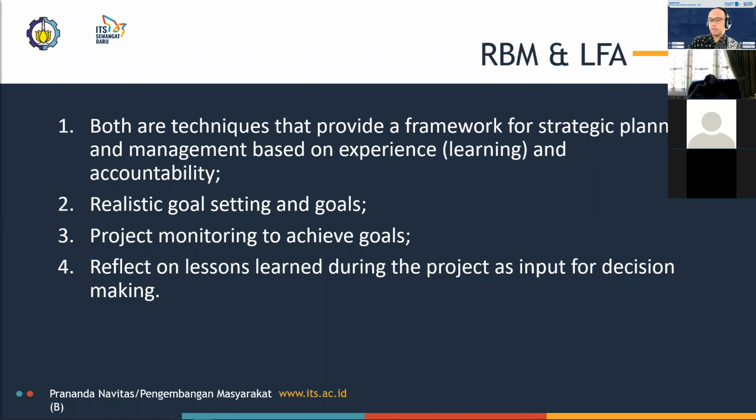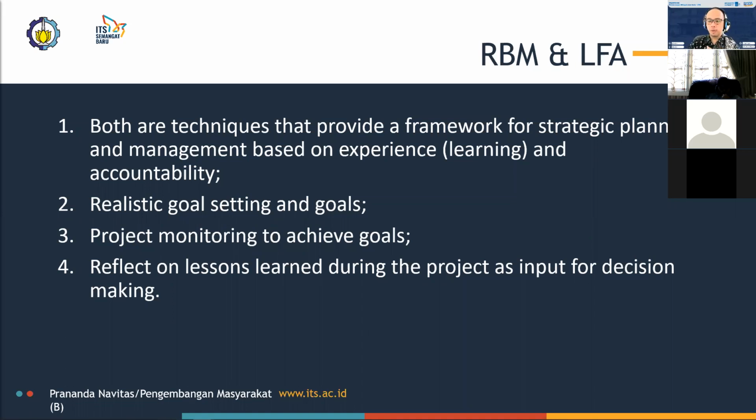As I mentioned, both RBM and LFA are very similar in the sense that both are techniques that provide a framework for strategic planning, strategic thinking, and management based on experience, or lessons learned, or based on learning and accountability.